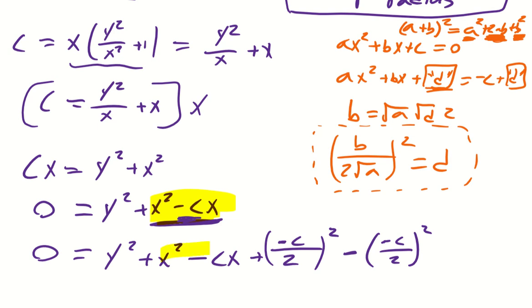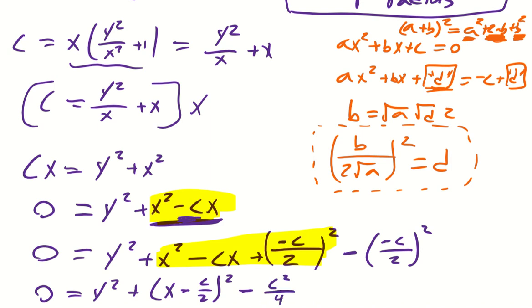And so right here, we can simplify that. We can have a quantity squared. So we have 0 is equal to y squared plus the quantity x minus c over 2, that quantity squared, and that would be minus c squared over 4.